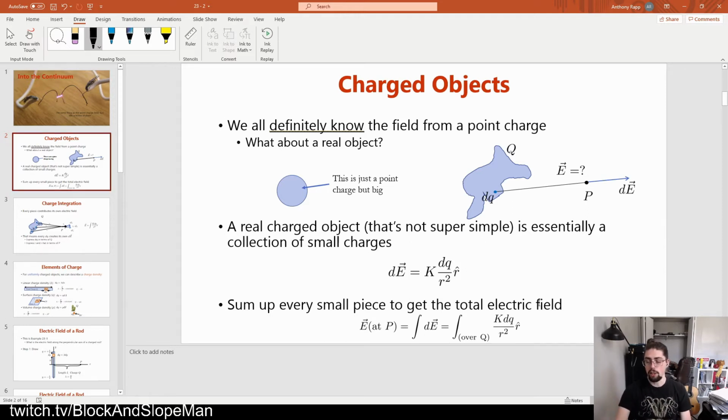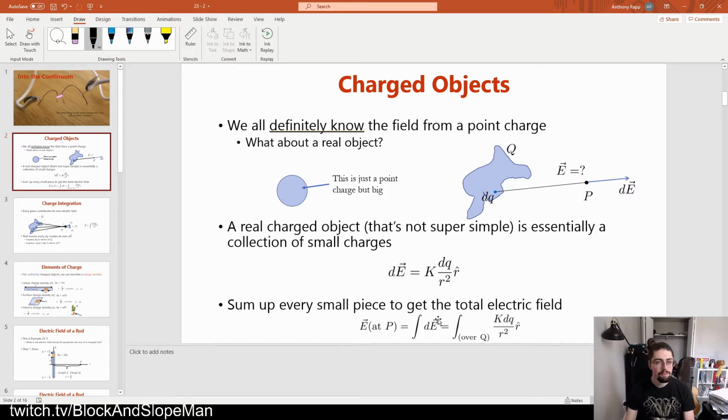A really tiny charge dq makes a really tiny field dE. If I want to find the total E, I've got to sum up all of those things. And how do you sum up when you have many things, an uncountable number of things? Calculus gets involved. Now, here's a problem, though. If I'm going through this, and I've set up my integral, how do I integrate over every q?